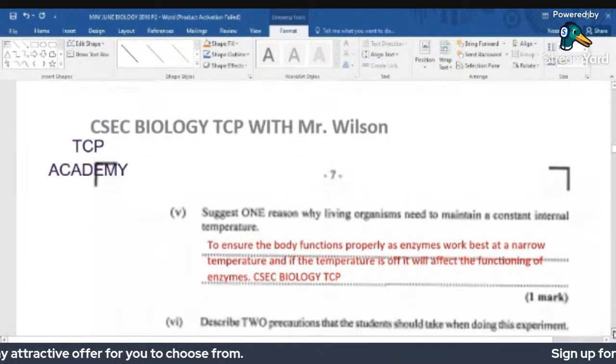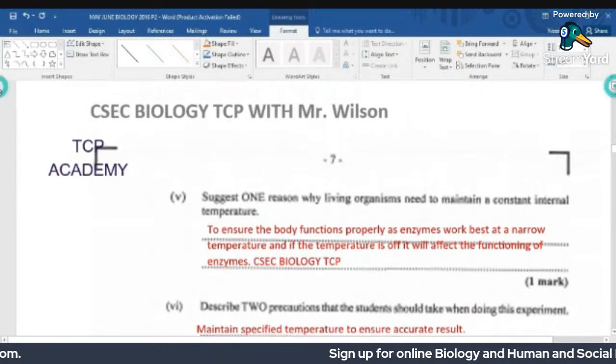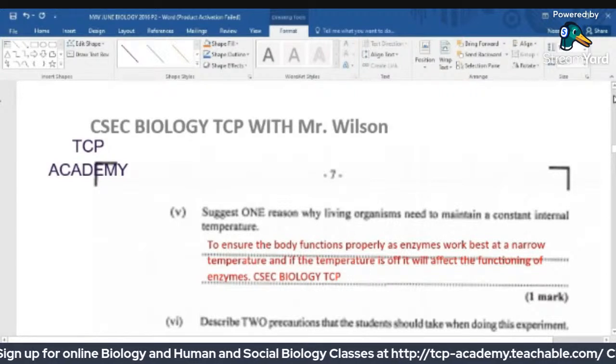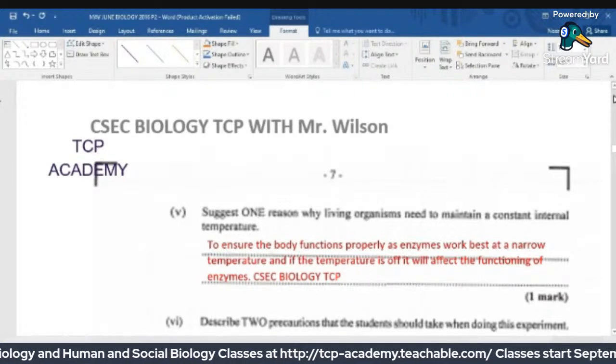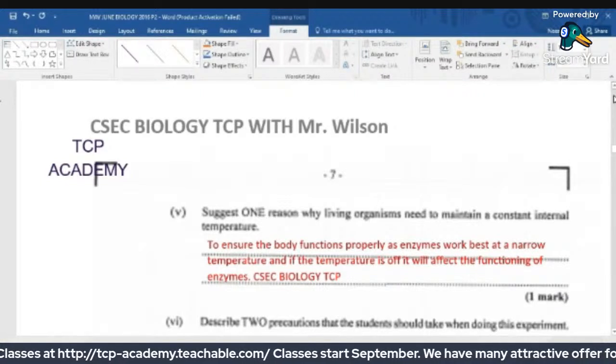What is the other question asking for? So it wants us to describe 2 precautions that the student should take when doing this experiment. Now, precaution seems to be a troubled word in science.